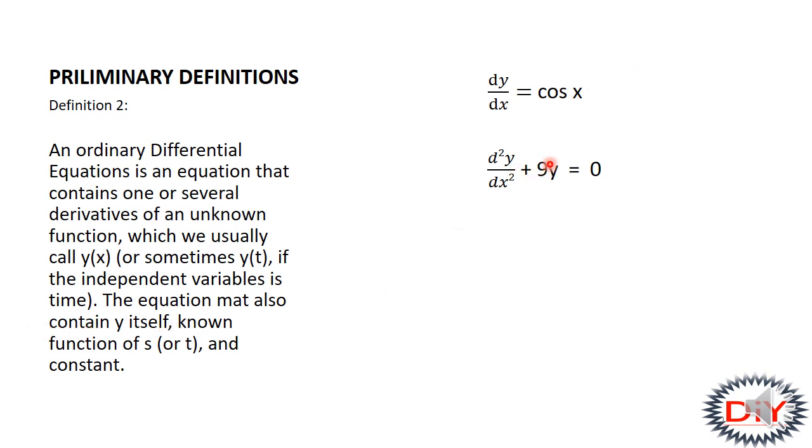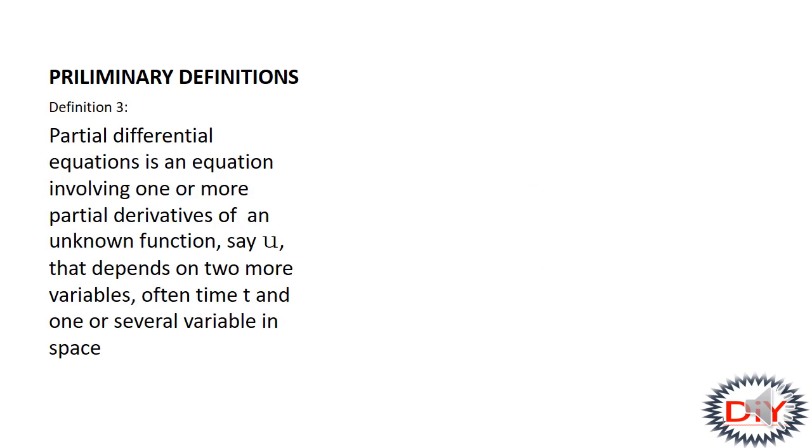So here we have the function of y, which is equal to 0. Now let's go to example 3, where we have a little bit more complex equation. Here we have x squared and stuff like that. So we see that this one contains the function of x and the function of y itself, which we do not see in definition 1.